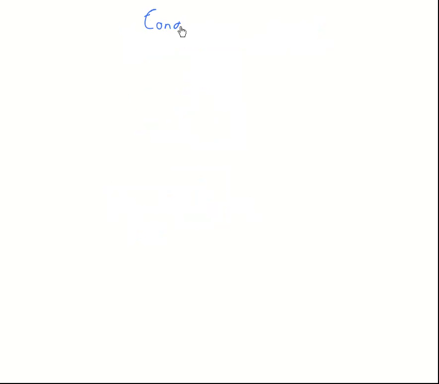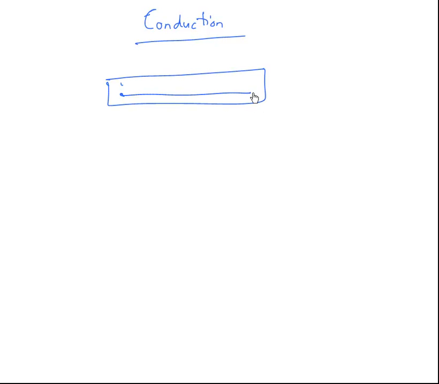The next thing we need to look at is conduction. What is conduction? Conduction is the free movement of electrons from one point to another or from one body to another.